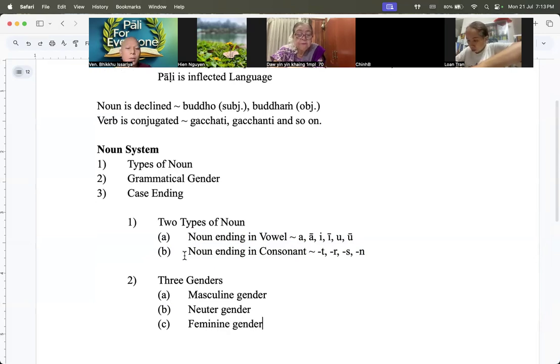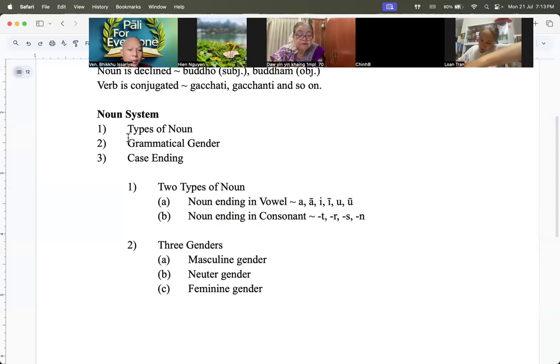Okay, so these are grammatical genders at the very beginning. Mostly, masculine gender represents the male, a living being, but inanimate things can also be used in masculine gender.